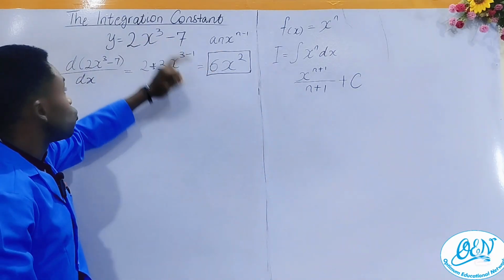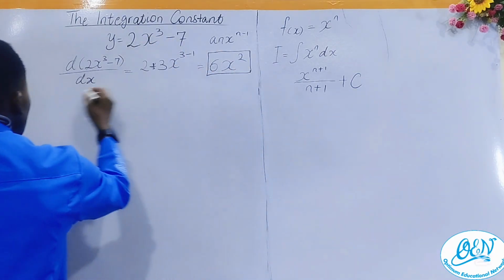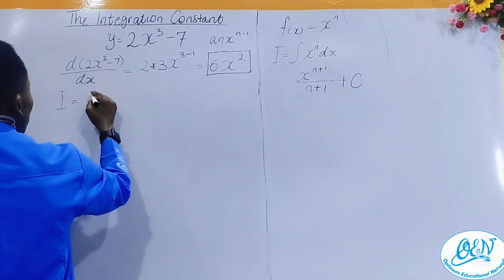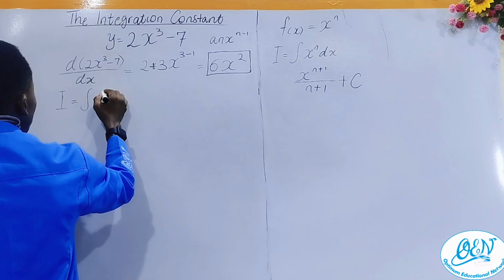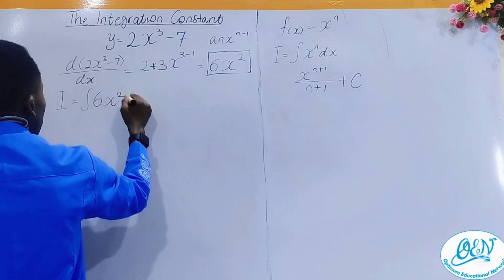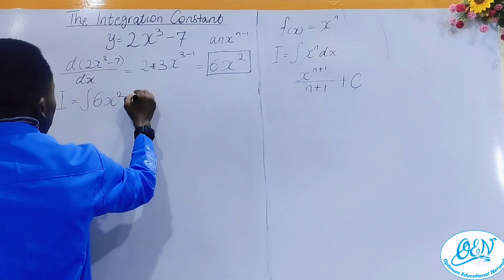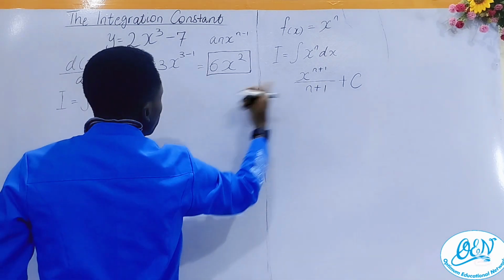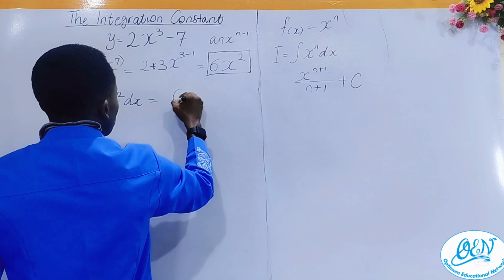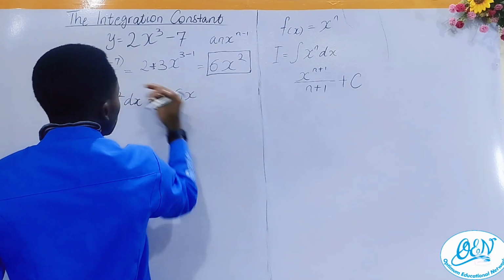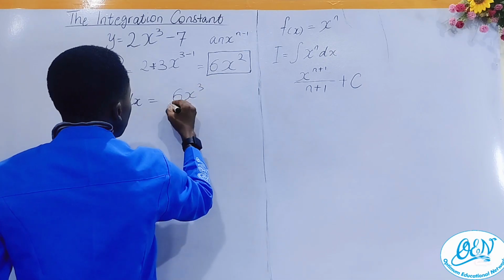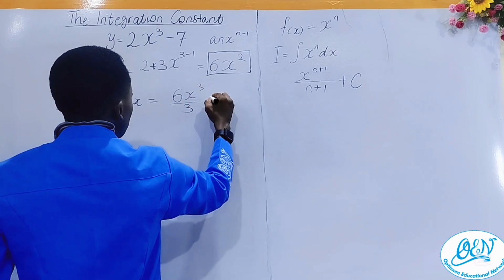Now, if you want to get back this function, we integrate this. So integrating this function, we have the integral of 6x squared dx, and this will give us, of course, if we use this formula, 6x, of course, increase the index by 1, increase 2 by 1, that is 3, then divide by 3.